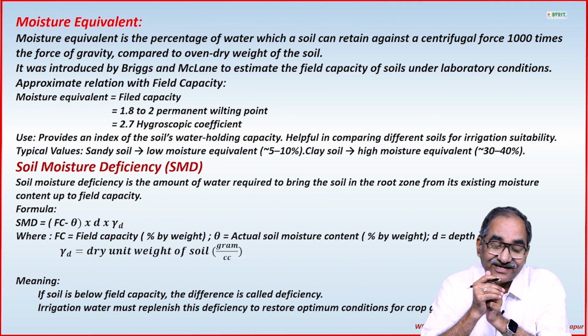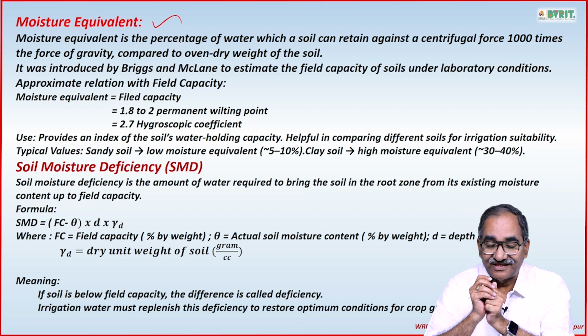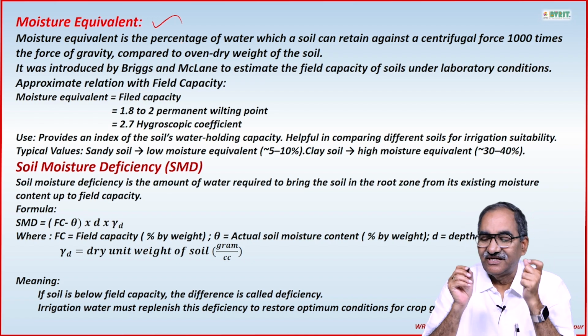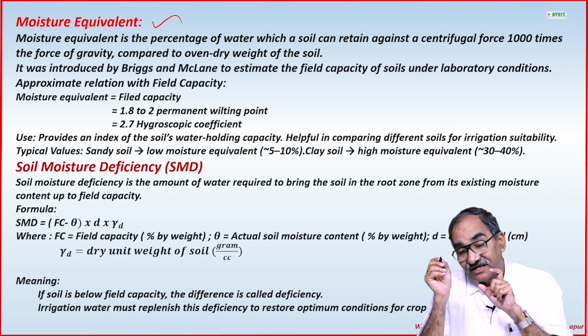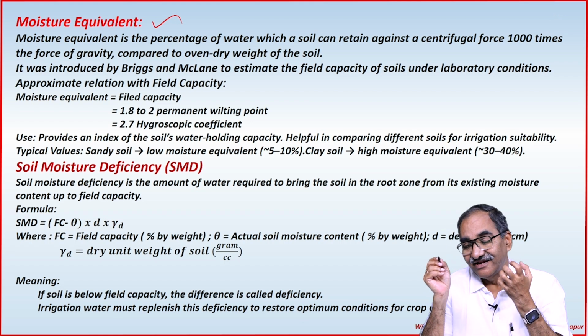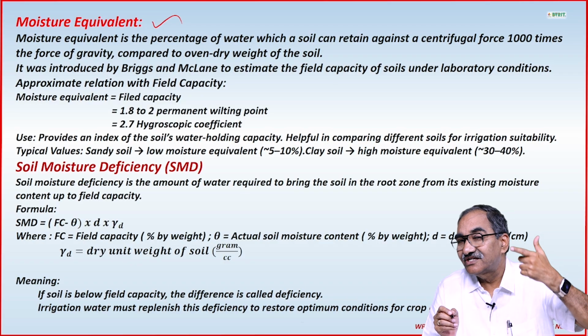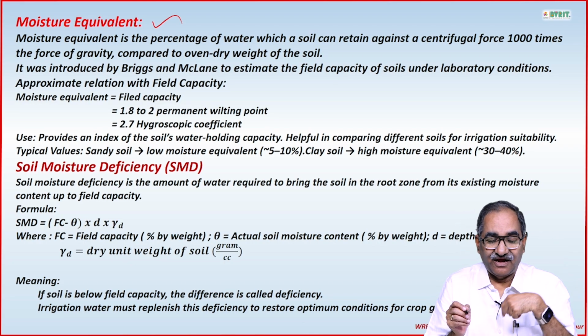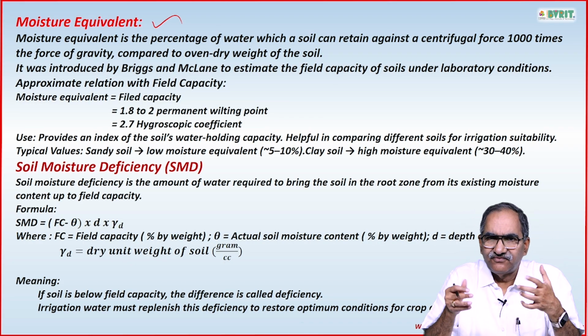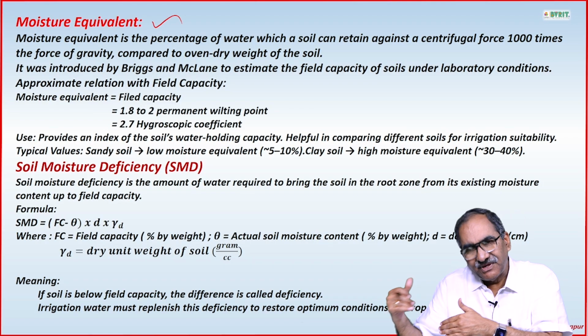Then what do you understand by moisture equivalent? Moisture equivalent is again the percentage of water in the soil. It is the percentage of water the soil can retain against a centrifugal force of 1,000 times the force of gravity. Moisture equivalent is important for some other reasons.